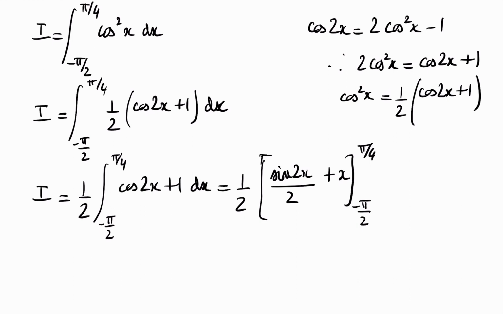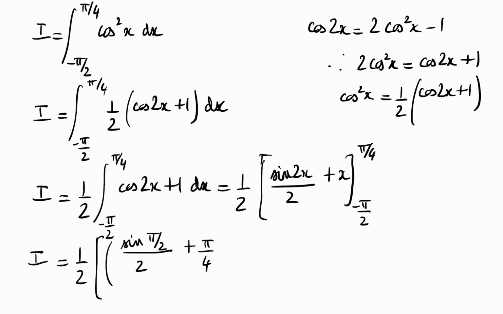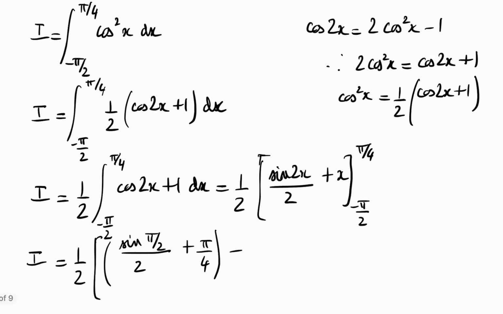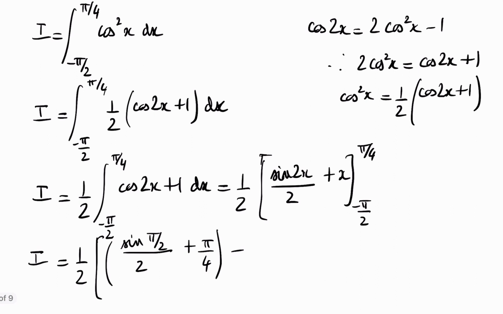So it's equal to 1/2 of, for the first bit, sine of 2 times pi on 4, that's sine pi on 2, over 2, plus pi on 4, minus, and then that's sine of 2 times minus pi on 2, so sine of minus pi, over 2, plus minus pi on 2.